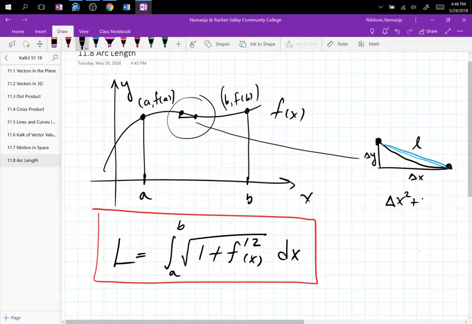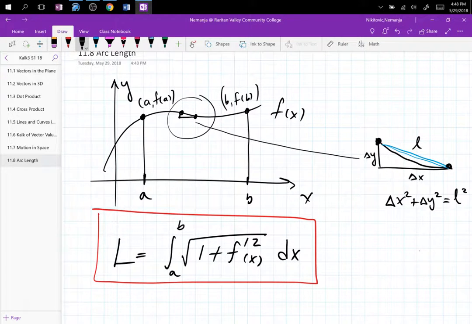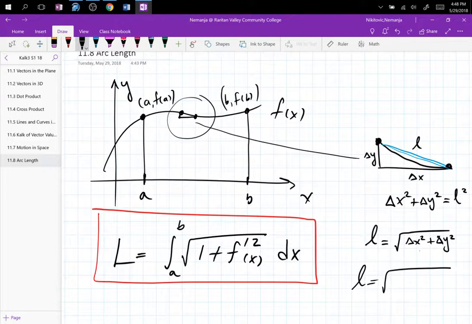delta x squared plus delta y squared is equal to L squared, from where L is the square root of delta x squared plus delta y squared. And if you factor out delta x squared, you have 1 plus delta y squared over delta x squared.